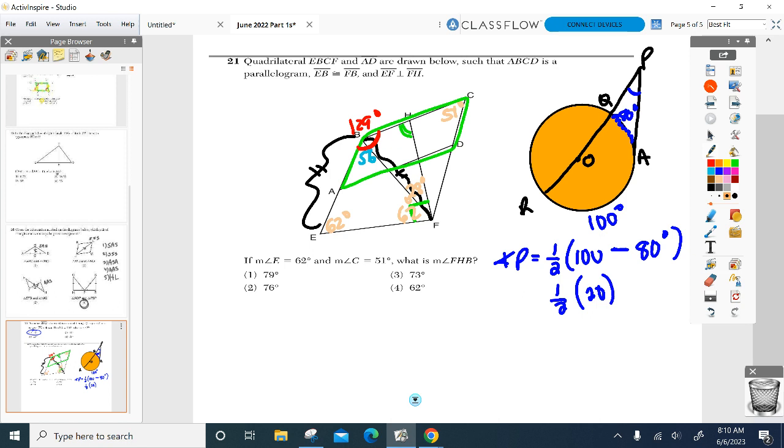73. Yeah? All right. I think I'm good now because now I have 28 and 73, and the third angle is the missing one I'm trying to find. So 180 minus 73 minus 28.